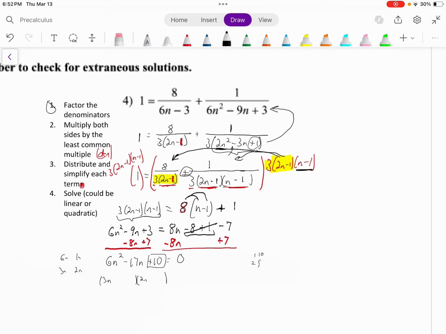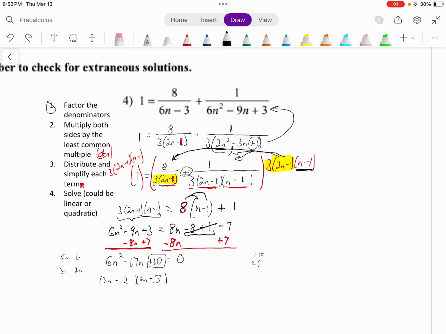So we need two negatives. So if we put a 5 here and a 2 here, that would be a negative 4n minus 15n, which is negative 19n, which is not negative 17n. So that doesn't work. So this can take some guess and check.